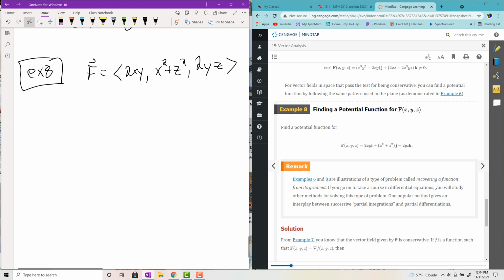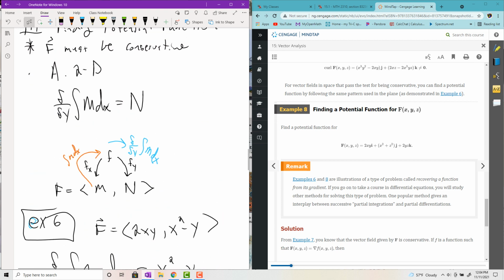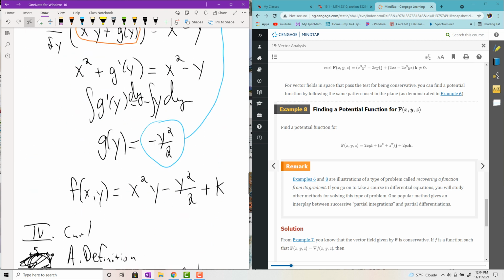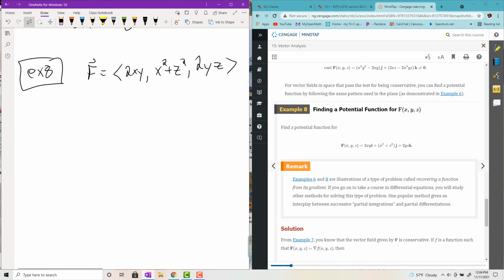So it's not going to be as easily programmable as what we did in example 6, where I gave you this formula. Instead, what I will recommend you do is basically take the integral of all 3 components and then just compare and contrast them. I sat around and thought about it last night: is there a nice formula?